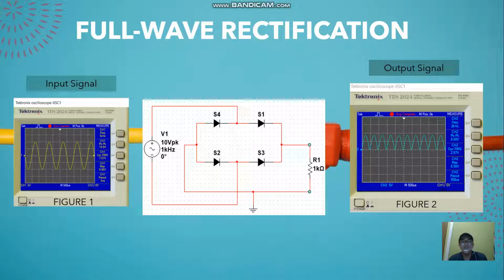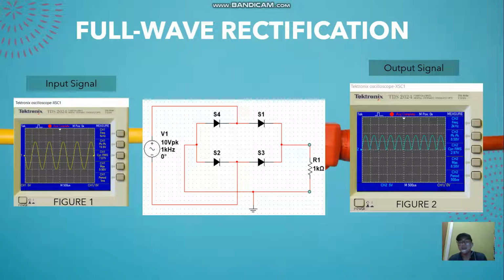And then for the input signal, as you can see in figure 1, it shows an AC waveform where the negative cycle produces the negative V minimum, and the positive cycle produces V maximum of positive value. But we do find out that the output signal is a totally different kind of waveform, even compared to the half wave rectification.